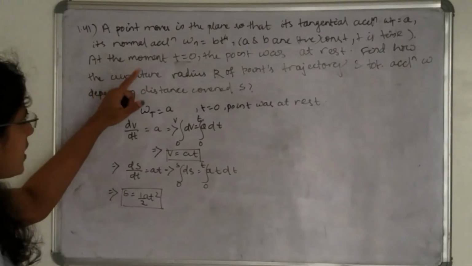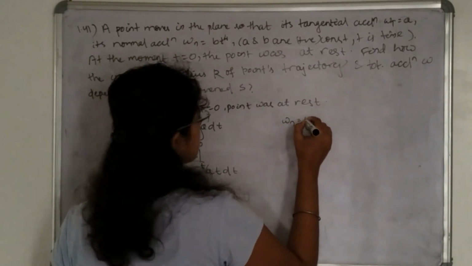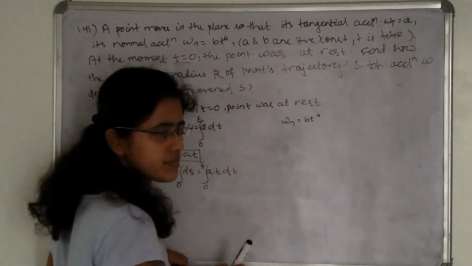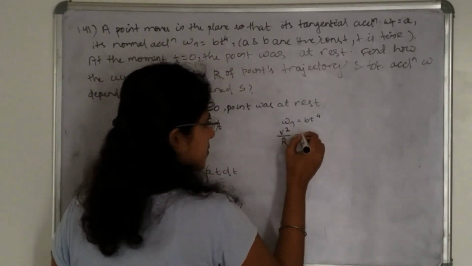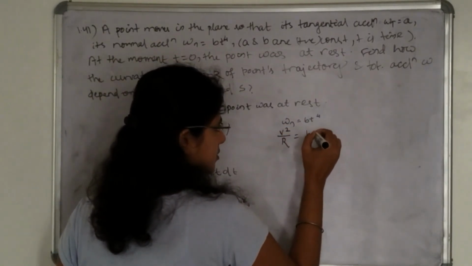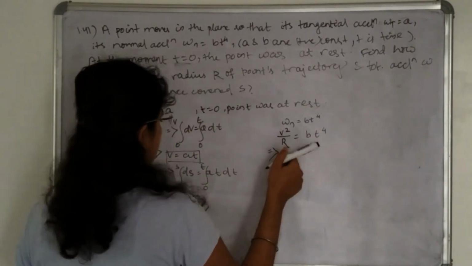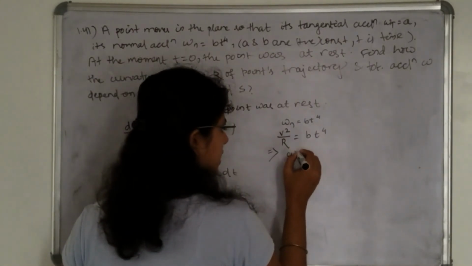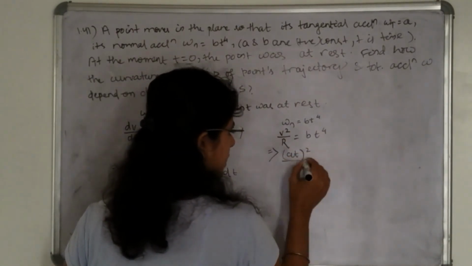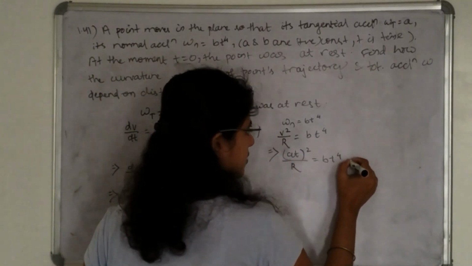Okay. Normal acceleration is equal to how much? Normal acceleration is B t to the power 4. Given in the question, we know that normal acceleration is v square divided by r. So this will be equal to B t to the power 4. v is equal to how much? A into t. That means (a t) whole square divided by r is equal to b t to the power 4.